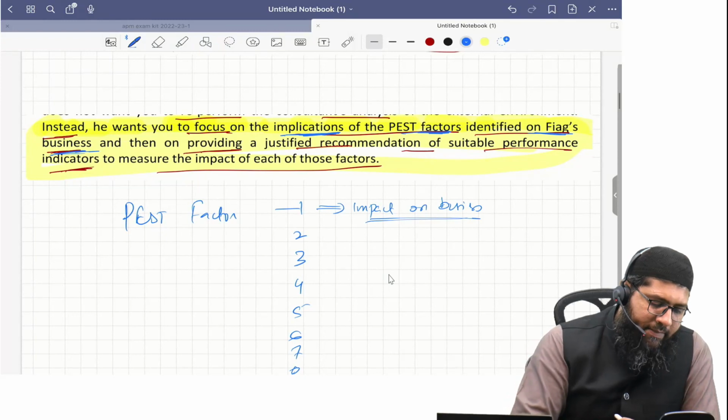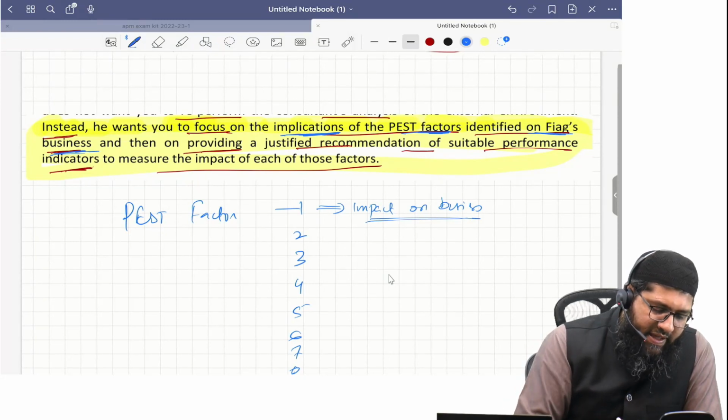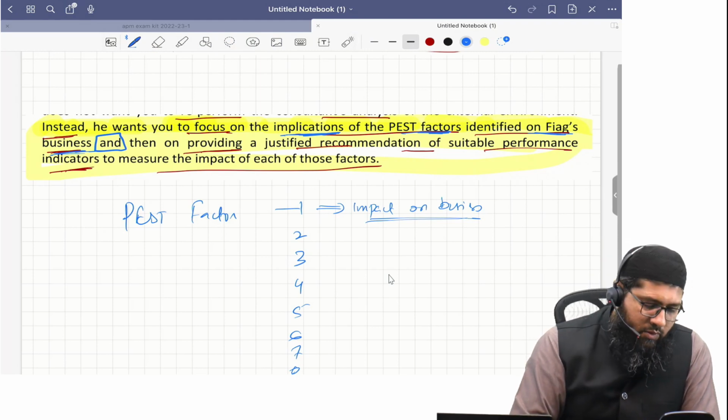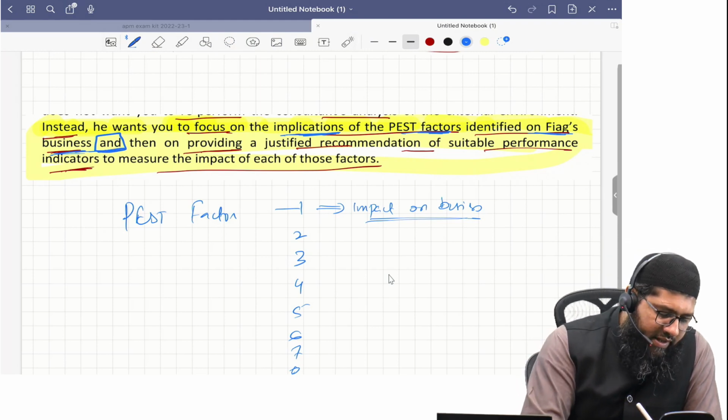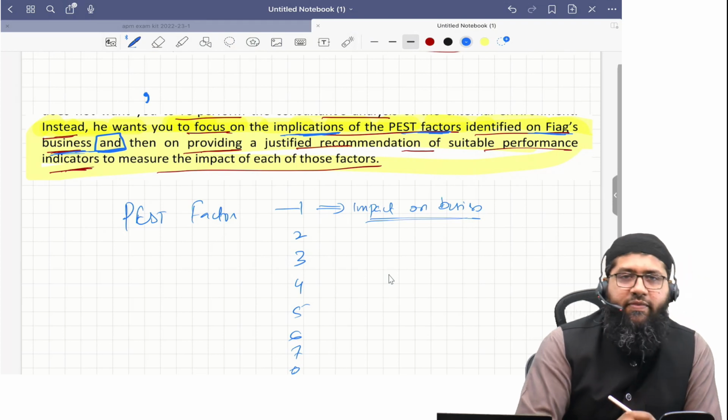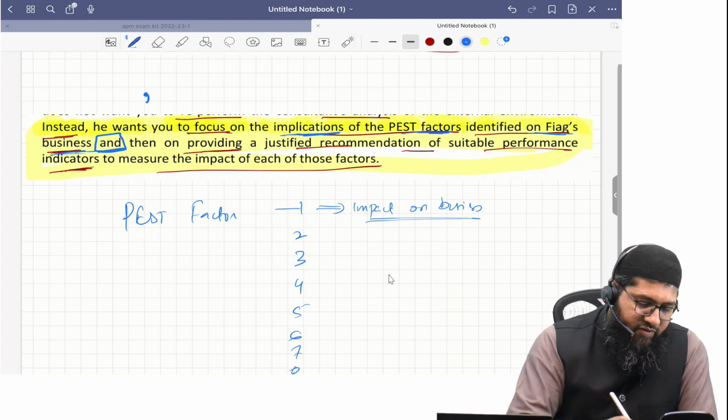What is the second requirement? Always remember, whenever the examiner uses the word "and", or whenever a comma is used in the requirement, that means another requirement has started.